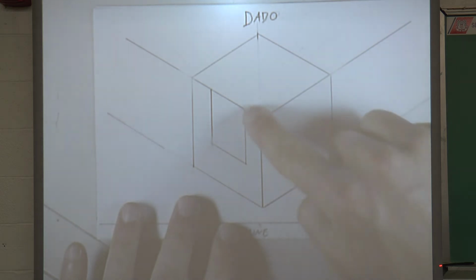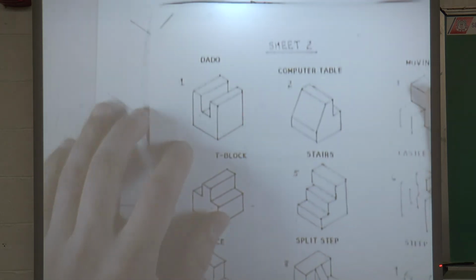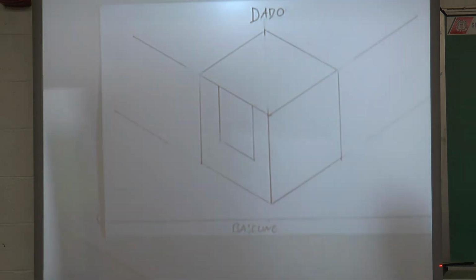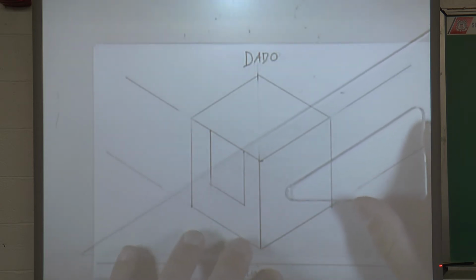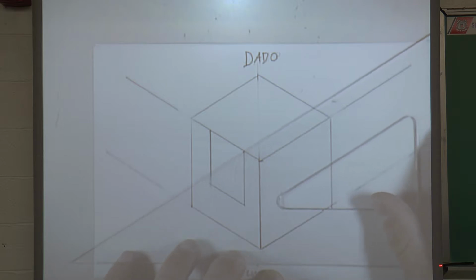Okay, so now I have the front piece of this U shape. You notice I just created this U shape. Now what I'm going to do is flip my triangle around and make those two lines that come on back. So the base of my triangle, like always, is on my baseline.